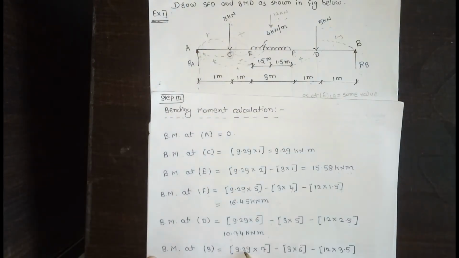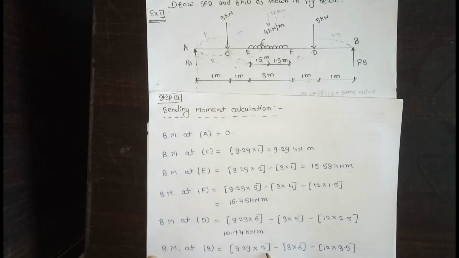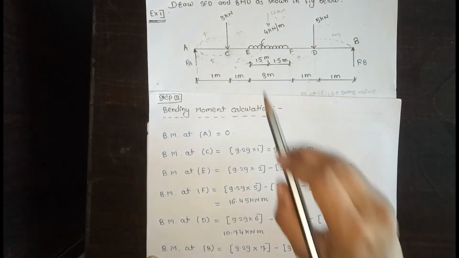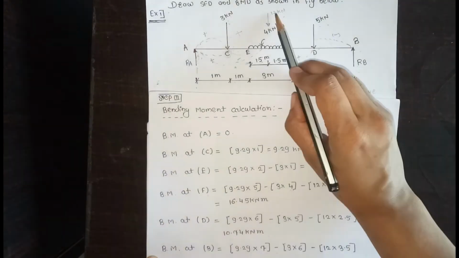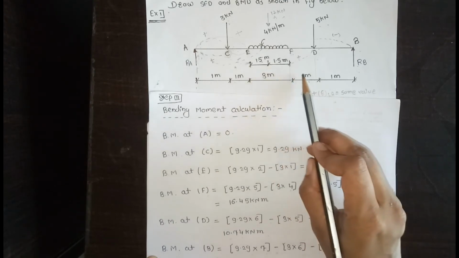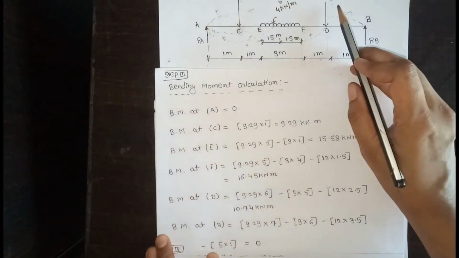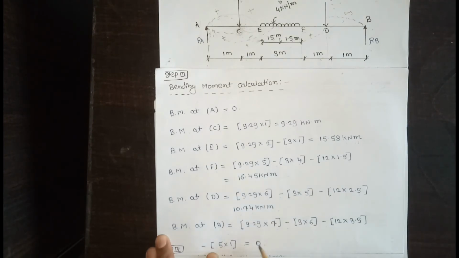The first force is 9.29 into the total span distance, 7 meter, minus 3 into perpendicular distance 6 for the anti-clockwise force, minus the equivalent point load 12 into 1.5 plus 1, means 3.5, then minus 5 into perpendicular distance 1, is equal to 0.